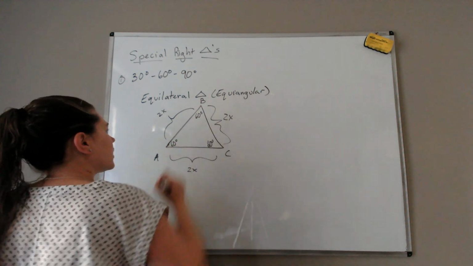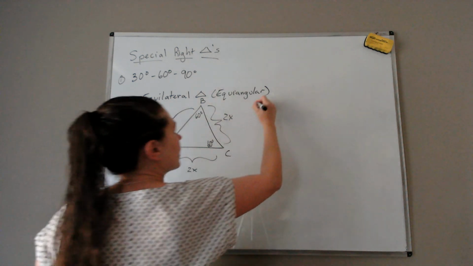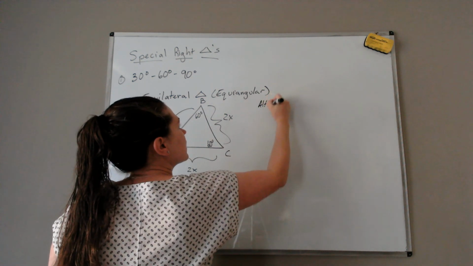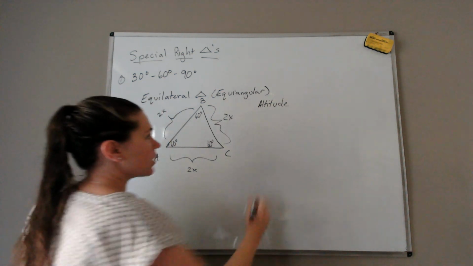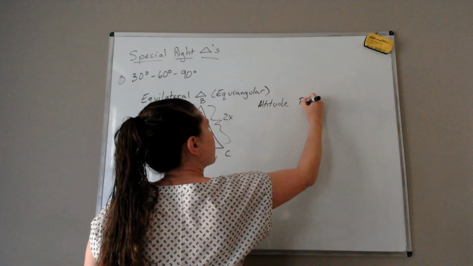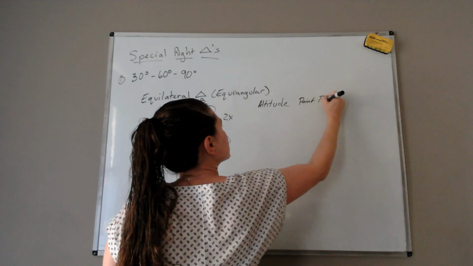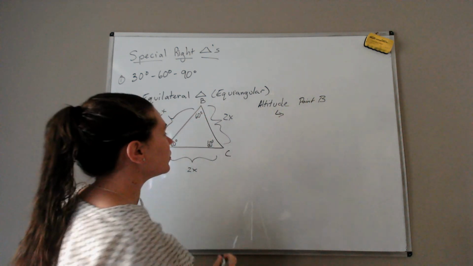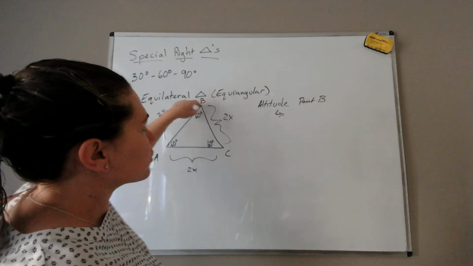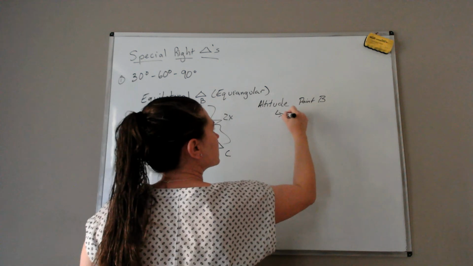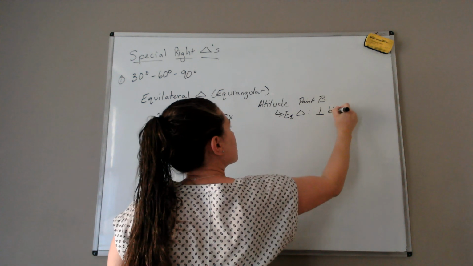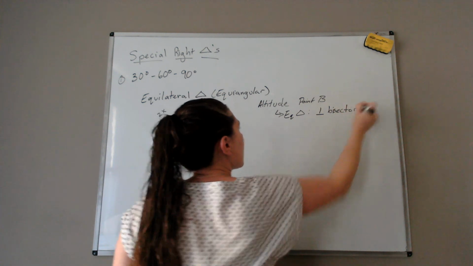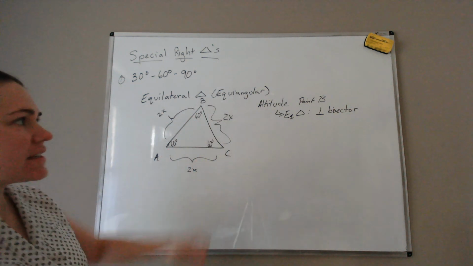Now, I'm going to draw an altitude, which you should remember from geometry, coming from point B. There's something special about an altitude of an equilateral triangle. An altitude of an equilateral triangle is also the perpendicular bisector of the opposite side.